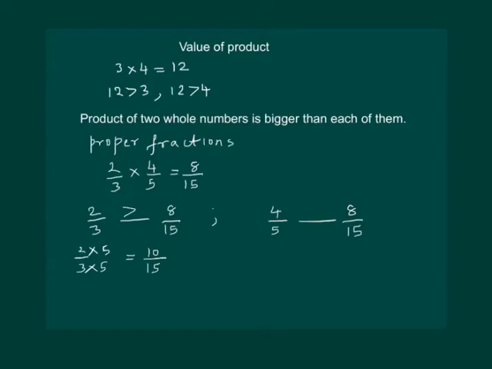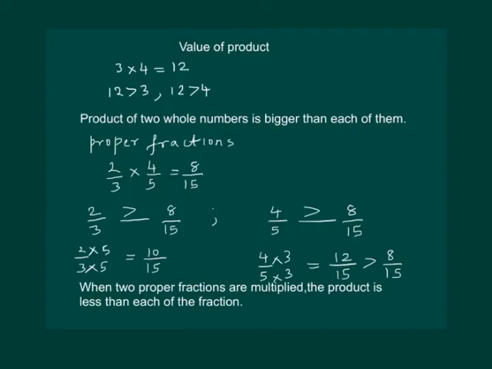Similarly, let us find the equivalent fraction of 4 by 5 such that the denominator is 15. We get 12 by 15, which is greater than 8 by 15, implying that 4 by 5 is greater than 8 by 15.